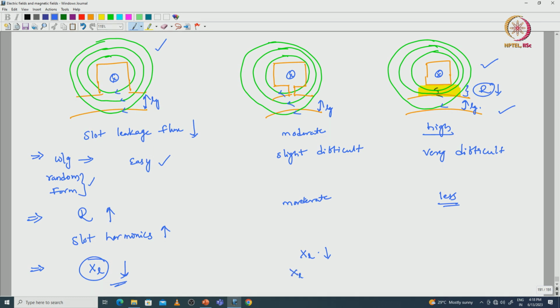XL open type of slot is less than XL semi open, is less than XL closed type of slot. The leakage reactance with respect to the closed type of slot will be very high. Here XL is very high.